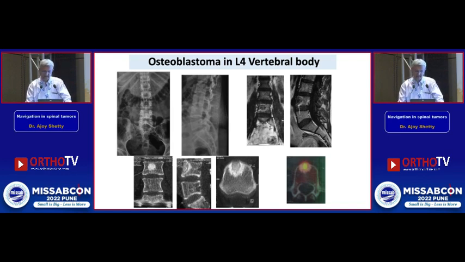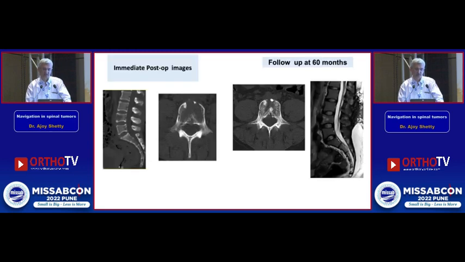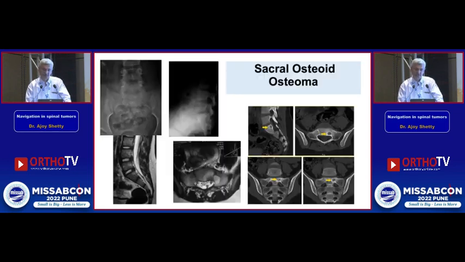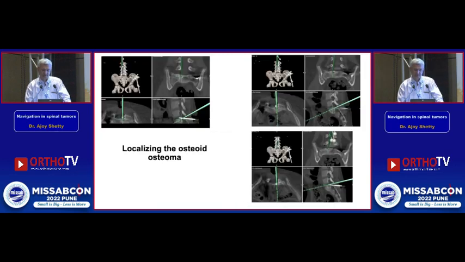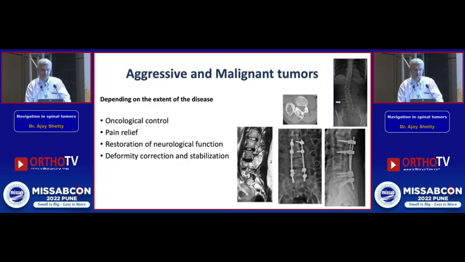And this we approached through a transpedicular approach, bilaterally, made a track using navigation, approached it, and anteriorly it was curetted out, confirmed with intraoperative CT that we have done an adequate resection. And this is the follow-up at 60 months with no new formation of the tumor. One more example of a sacral osteoblastoma where you can localize and excise. And the use of navigation in osteoblastoma is what we have published.